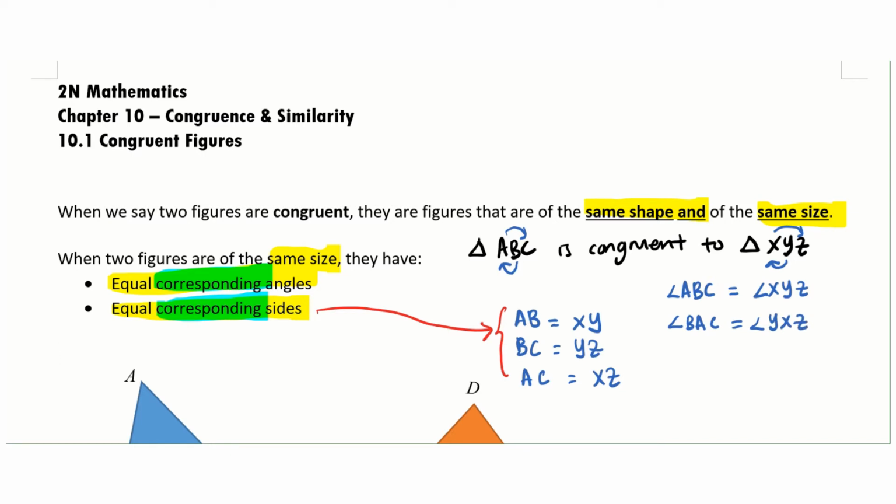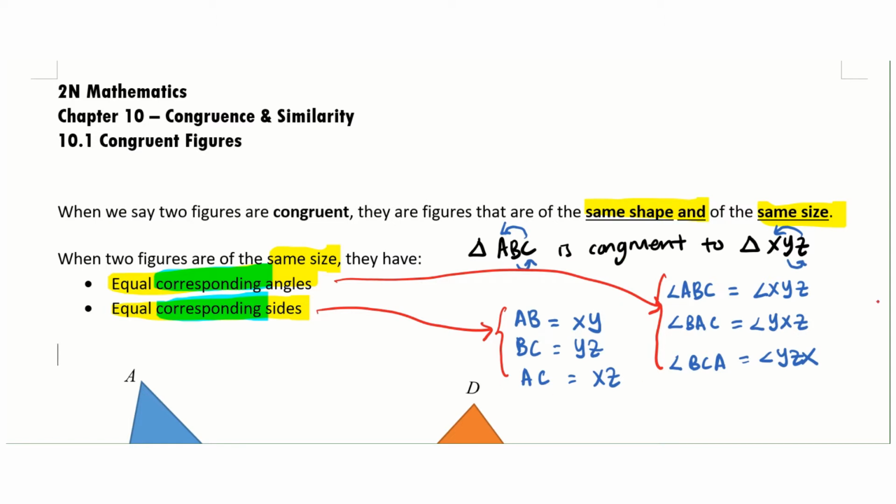And lastly, I can also have angle BCA, where I have B, C then A, so I will also go Y, Z then X. And this is the result due to the corresponding angles. So this is what congruency actually tells us.